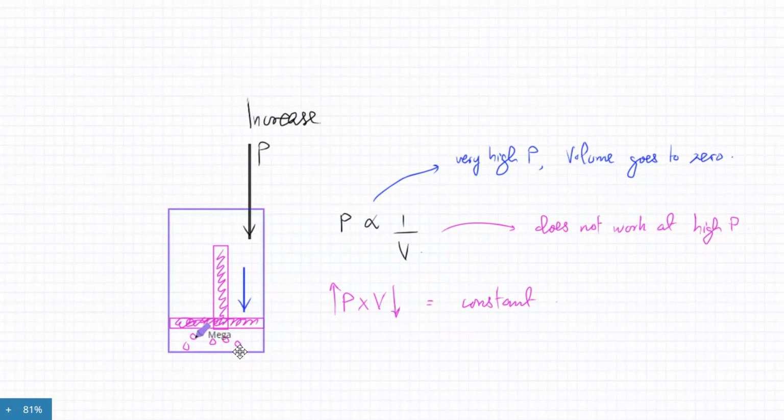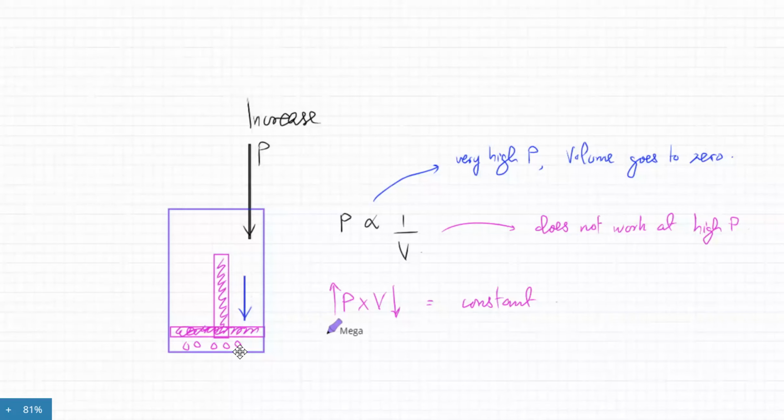let's compress it a bit more. Now the volume is stuck. You can't decrease the volume further. So beyond a certain point, the gas becomes incompressible. The volume does not actually go to 0, which the equation is stating.